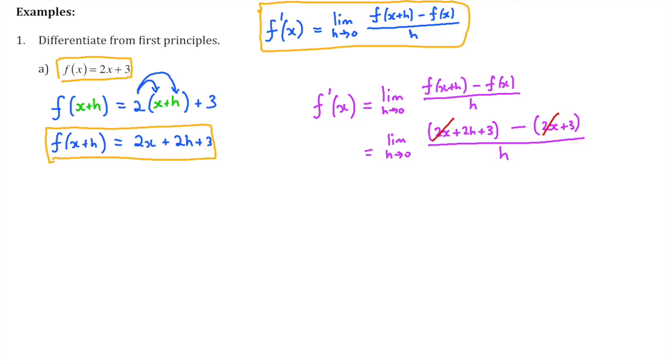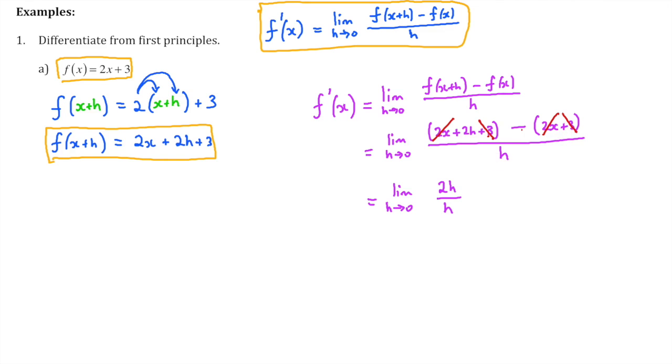I've got a 3 and a 3. 3 take 3 gives nothing, drops out. Which means all I'm left with now is the limit as h approaches 0 of 2h over h, because everything else is cancelled out. Everything in this second bracket here will always cancel out. If it doesn't, you've made a mistake.